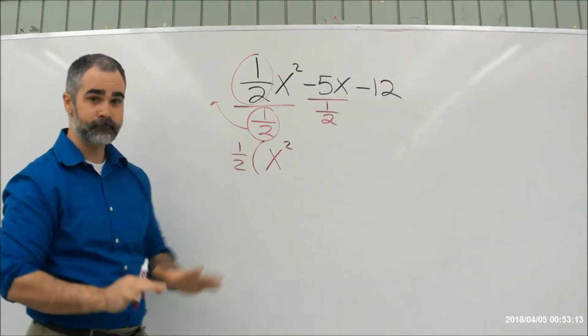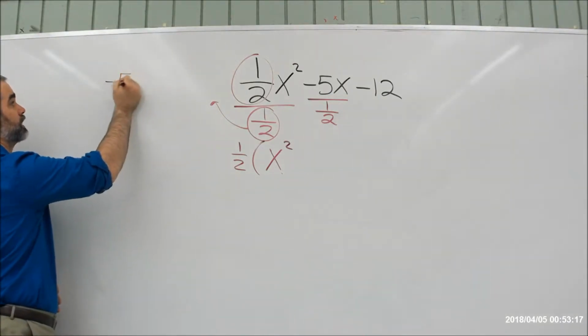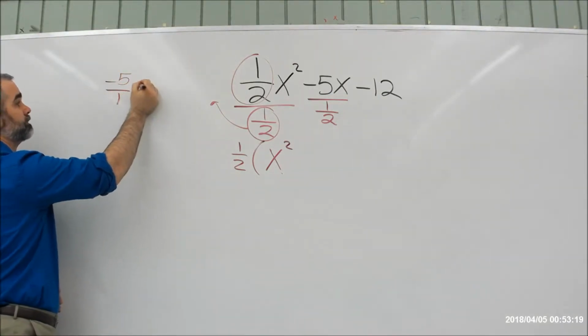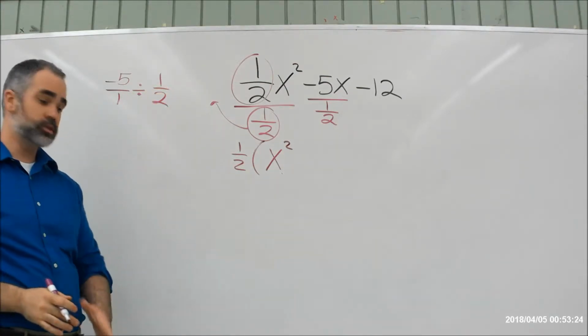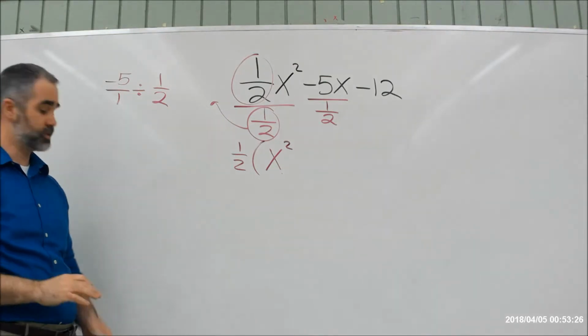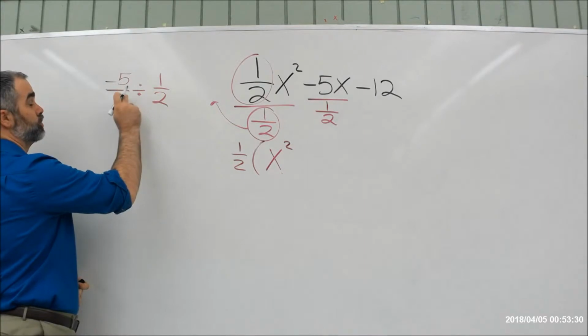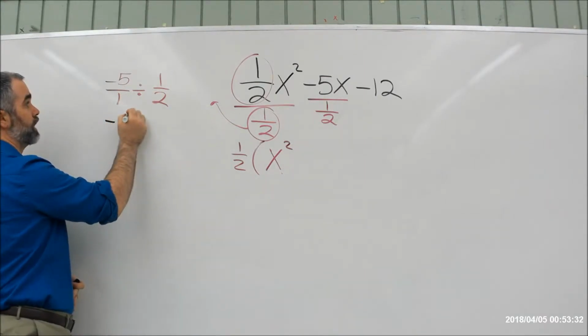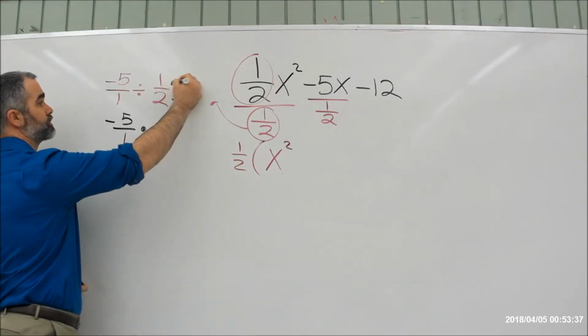Real quickly, the reason for that is when you divide fractions, so -5 over 1 divided by 1/2, to divide fractions, you have to multiply by the reciprocal. What that means is you change the division sign to a multiplication sign, and you have to multiply by the reciprocal.